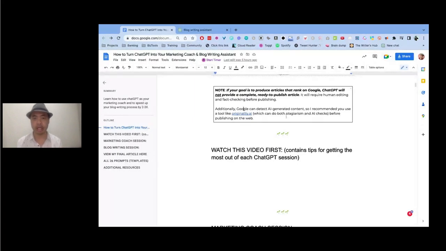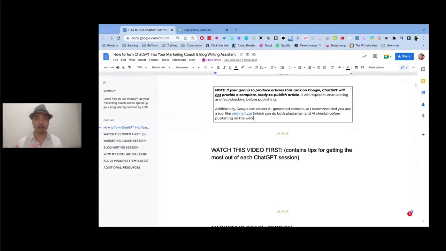You can go and check that out, and it can do both a plagiarism and an AI check. It gives you a rating on what percentage of the text is human versus what percentage is AI, and then your goal is to try and get it to a minimum of 80% human. Okay, and that's going to bypass the checks that Google is doing on content.